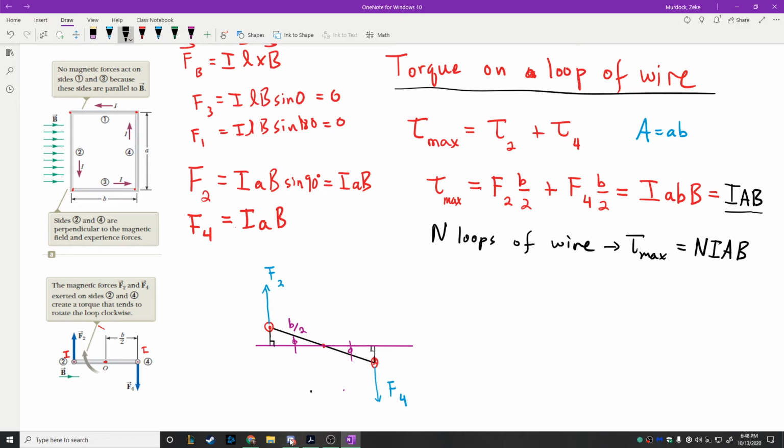Doing that because when we find torque in this case, what we're going to use is the fact that the distance between this point and this point right here is going to allow us to find our... Let me make sure I'm doing this right before I do this. To find the torque, we want this distance, right?